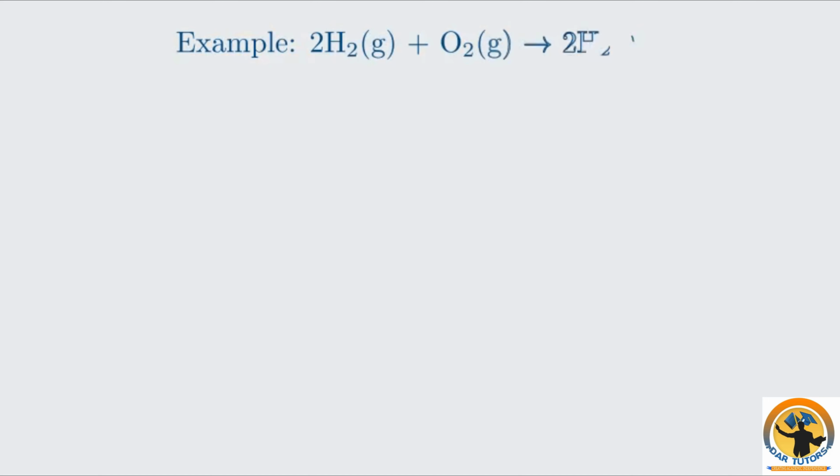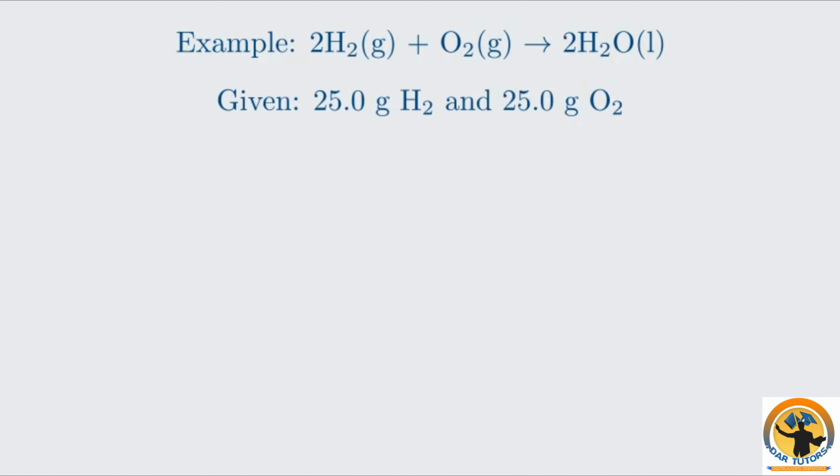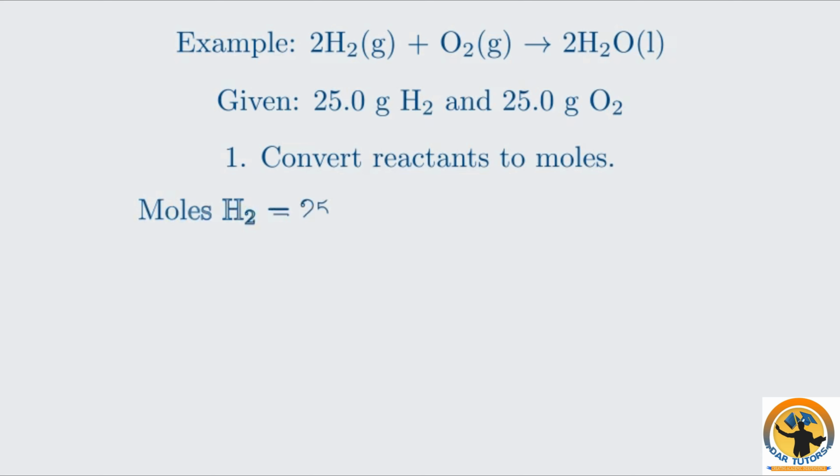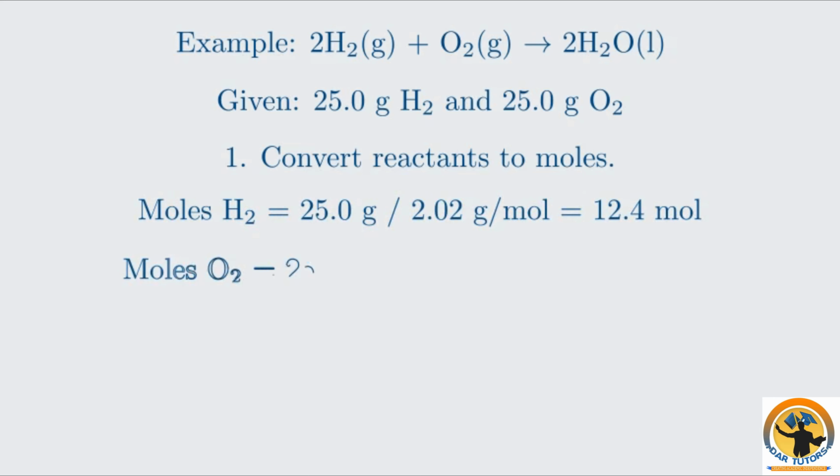Let's use an example. Suppose we have 25.0 grams of hydrogen gas reacting with 25.0 grams of oxygen gas to form water. First, calculate the moles of each reactant. Moles of hydrogen is 25.0 divided by 2.02, which is 12.4 moles. Moles of oxygen is 25.0 divided by 32.0, which is 0.781 moles.